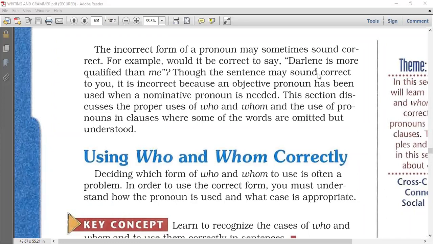Though the sentence may sound correct to you, it is incorrect. Grammatically, it is incorrect, because an objective pronoun has been used when a nominative pronoun is needed. We need a nominative pronoun, a subject, not me. I need I. This section discusses the proper uses of who and whom, and the use of pronouns in clauses where some of the words are omitted but understood.